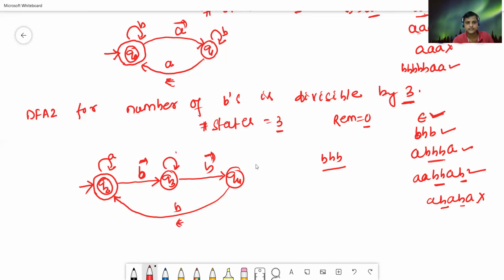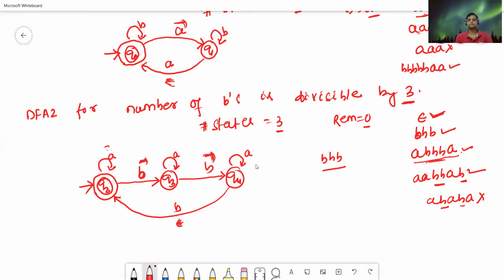This is a self loop. We can check A triple B A: A, then 1 B, then B, then B, then A.